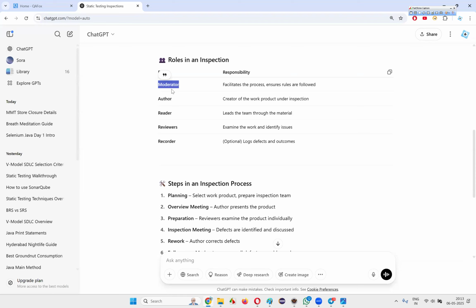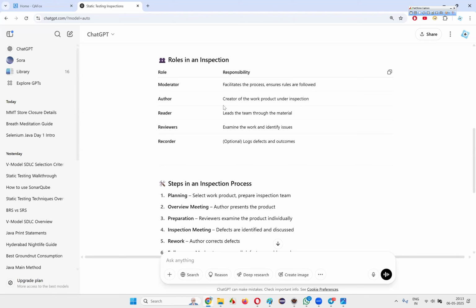The moderator facilitates the process and ensures rules are followed.